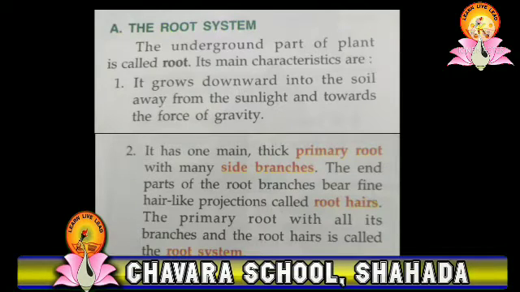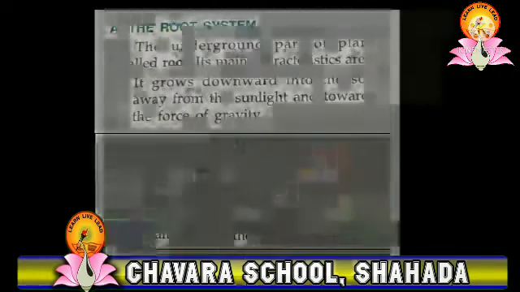Second characteristic is it has one main thick primary root which has many sub-branches. The end of each sub-branch has fine hair-like projections which are known as root hairs. The primary root with all its branches and the root hair is known as root system.